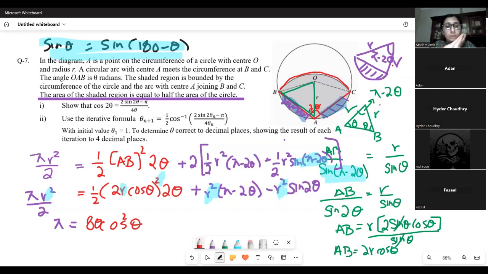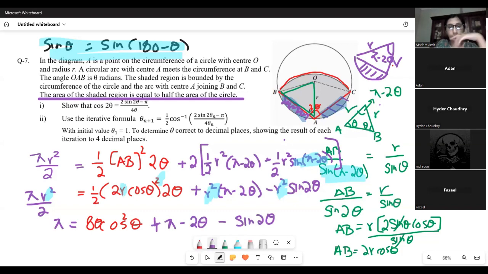और जो denominator में 2 है, वो जो purple 2 दूसरी side पे जाएगा, उसको cancel कर लेगा. So yes, it's going to be 8 theta cos square theta plus r square is gone. So we have pi minus 2 theta and then minus sine 2 theta.